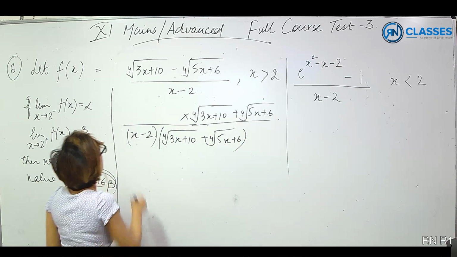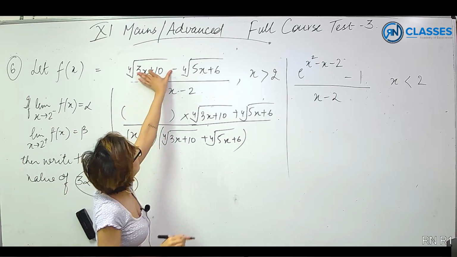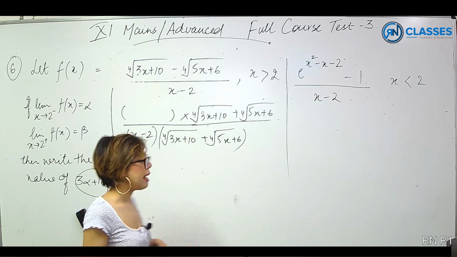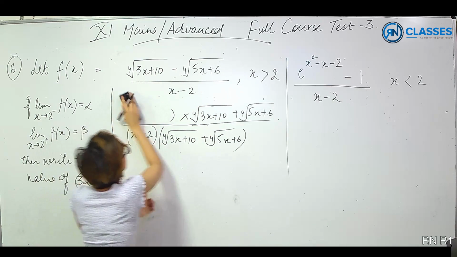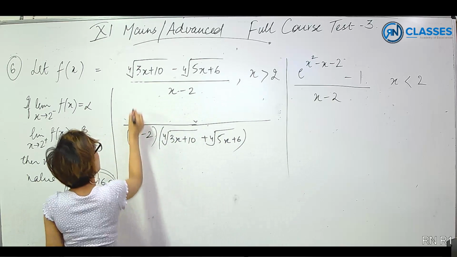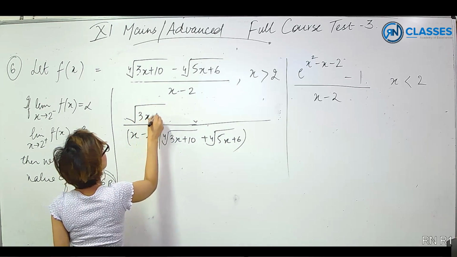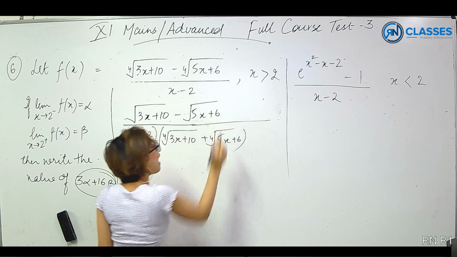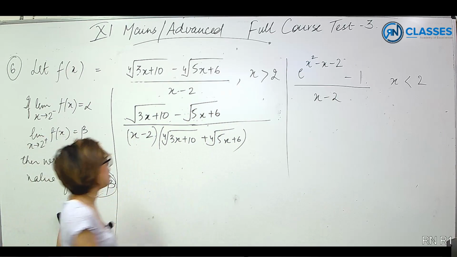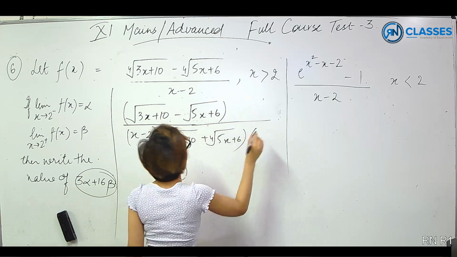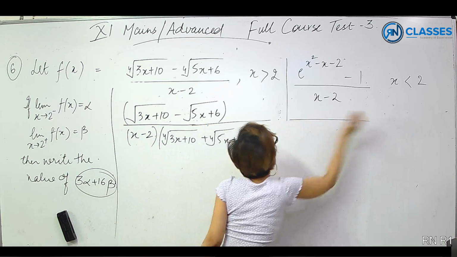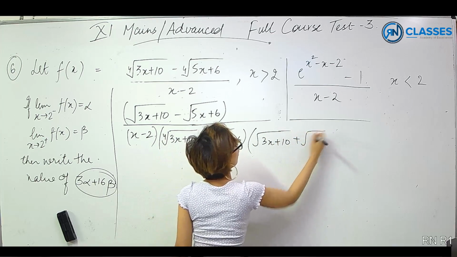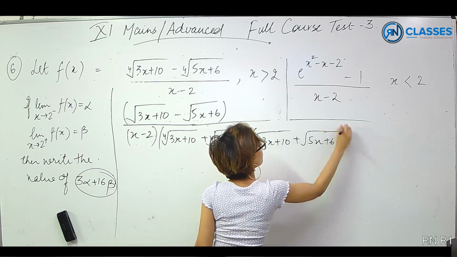Now, mind it, when I do this term into this term, a minus b into a plus b, I will do that. And basically, I will get square root of 3x plus 10 minus square root of 5x plus 10. I have to rationalize it again. So, that means my rationalizing factor in this case would be square root of 3x plus 10 plus square root of 5x plus 10.